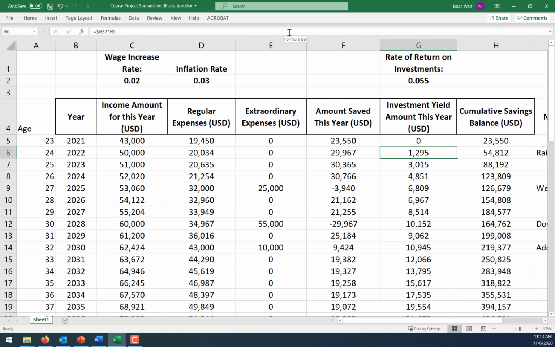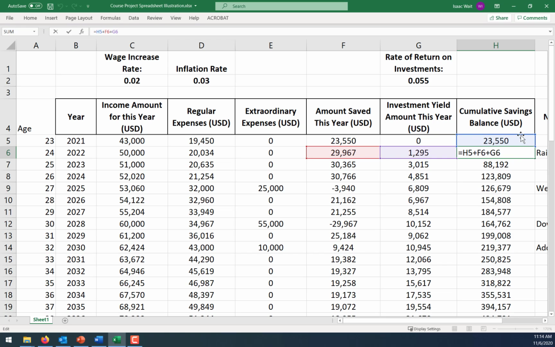And now what this is going to show you is that in a given year, you're going to be earning interest based on the previous year's cumulative savings balance. And so now here it is. The cumulative savings balance for year 24. How much money is in the bank at the end of 2022? Well, it's how much was in the bank last year.